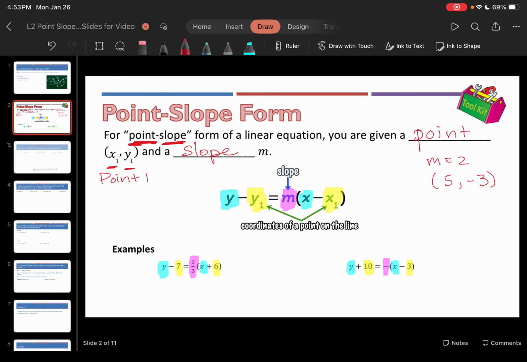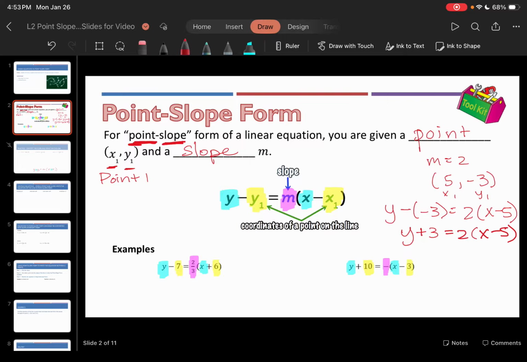When I plug in this point, it's going to be y minus, and then this will be x1, y1, right? My y1 is -3, so it'll be y minus a -3 equals m, and then x minus x1 is 5. So what happens when I have minus a negative? Minus a negative becomes a positive. And this over here would actually be y plus 3 equals 2 times x minus 5.